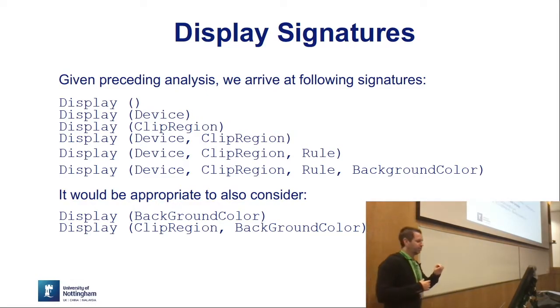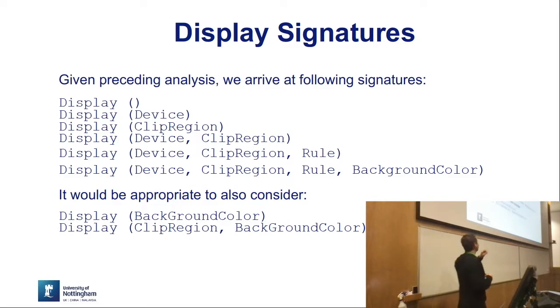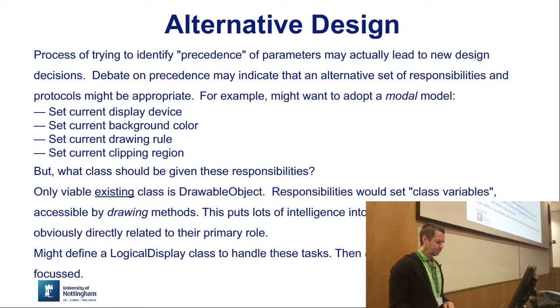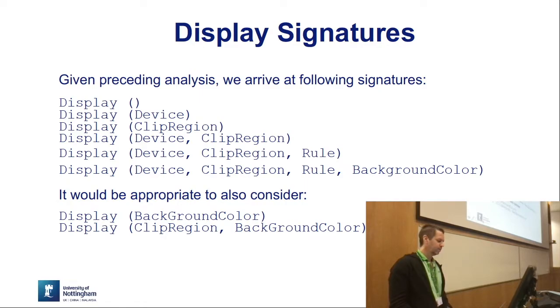For example, the conceptual responsibility of the display method here is always the same: show yourself, display yourself. But the implementation is varying, and the input parameters are changing sometimes.